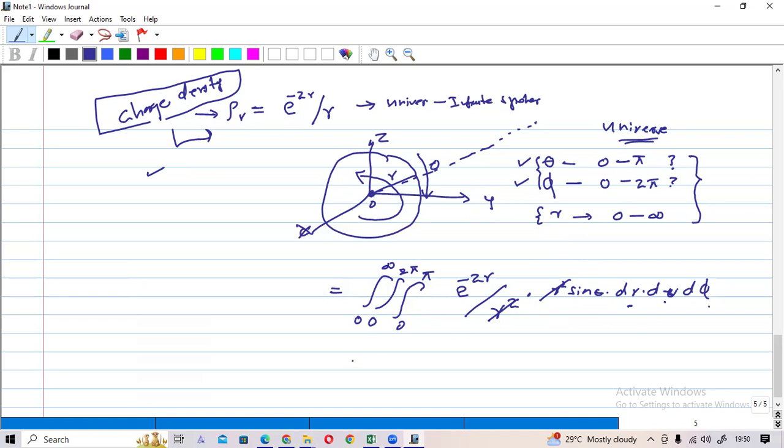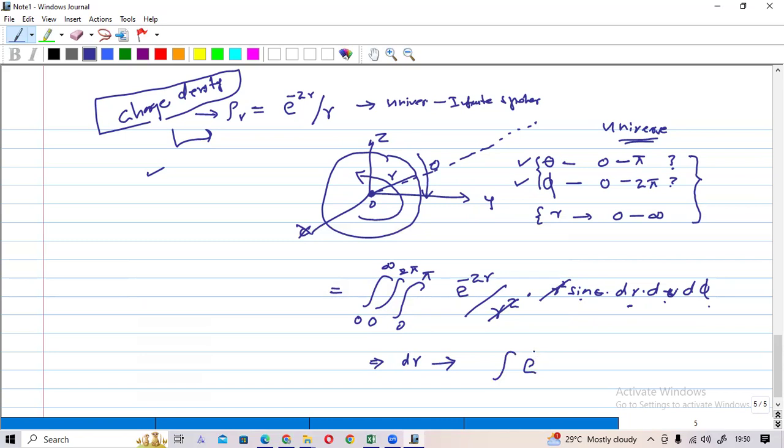So first we consider the integration with respect to dr. With respect to dr, sine theta is a constant, so we can ignore the sine theta, and this is the only variable.